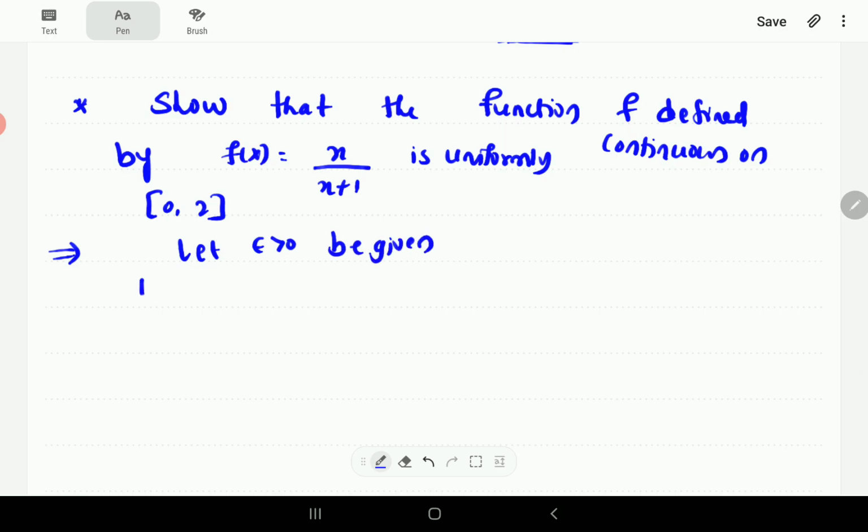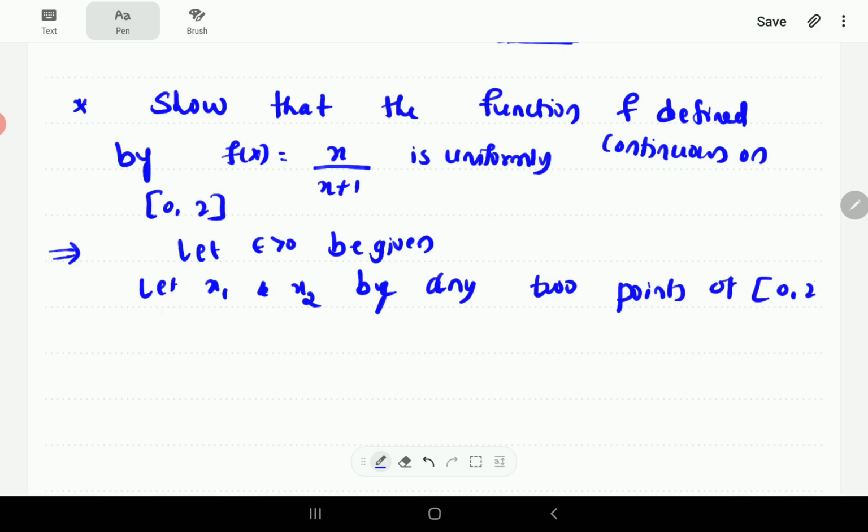Now we take x1 and x2 to be any two points of the interval 0, 2.